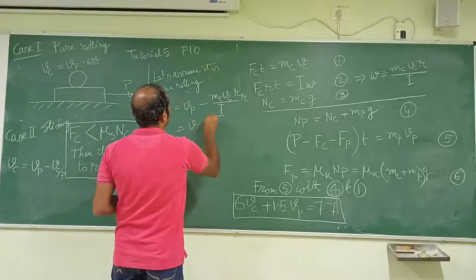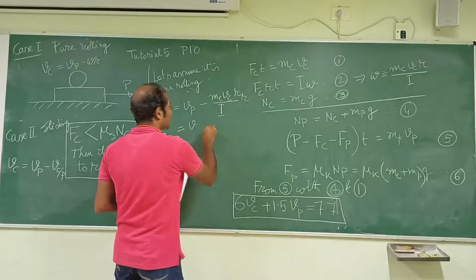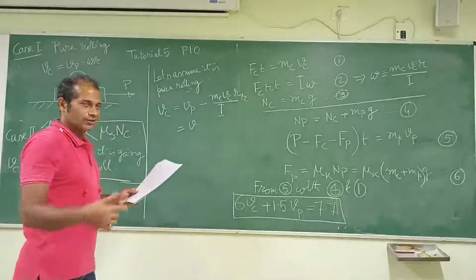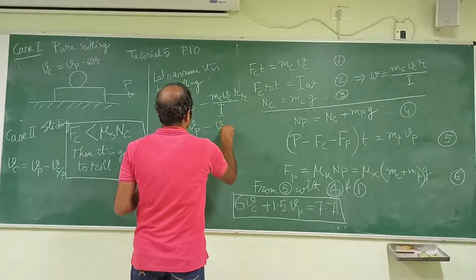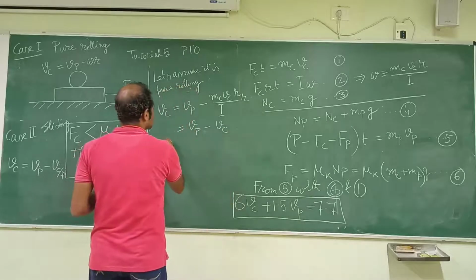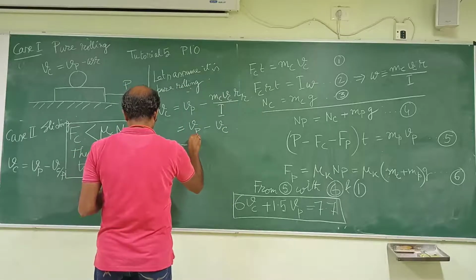Because it is a hollow cylinder, I is mR square, so Vc is equal to Vp minus Vc, or you are going to get Vc is equal to Vp by 2.